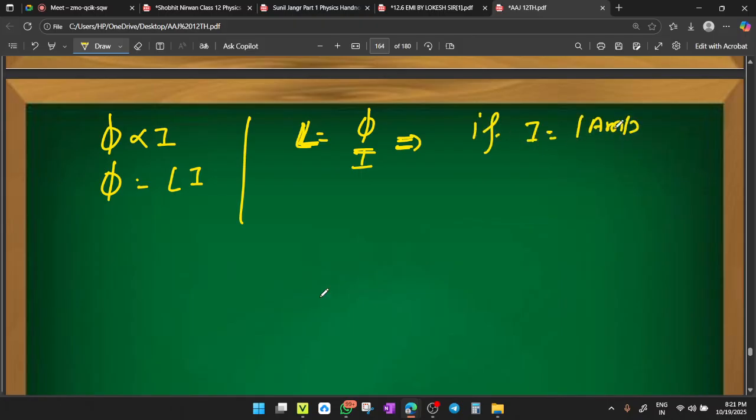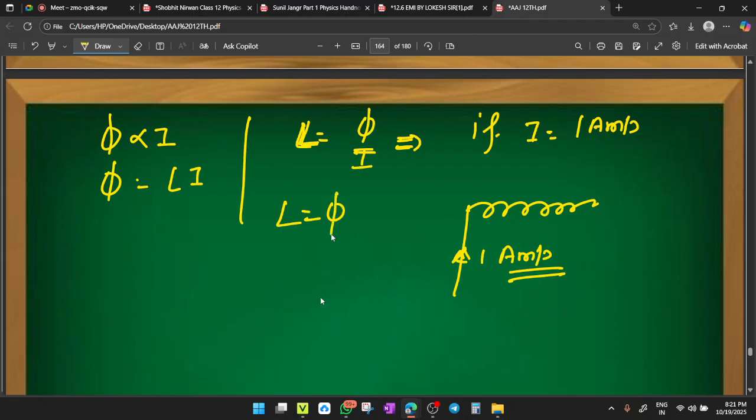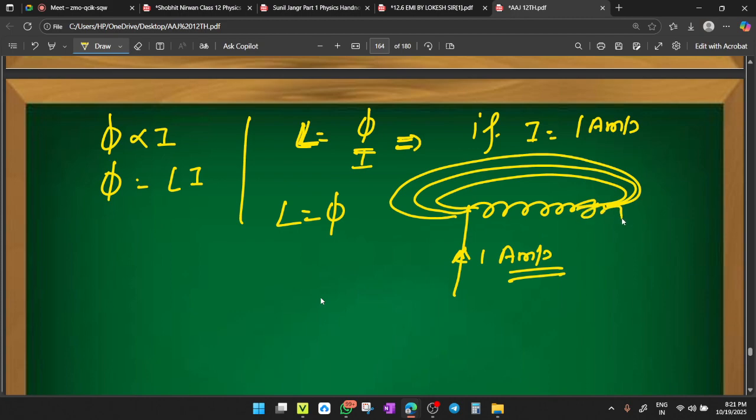There is a coil and the amount of current flowing is equal to 1 ampere. Clear? So place the value of I equal to 1 ampere, then L equals what? Phi. Means when the amount of current flowing is 1 ampere, the amount of flux linked with that coil is equal to the self-inductance.